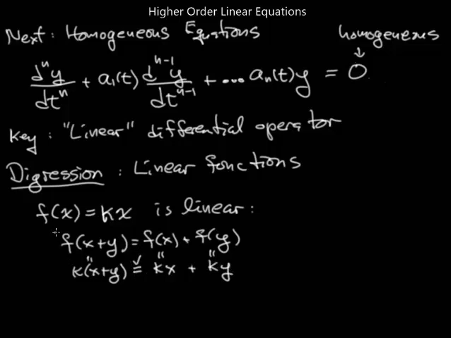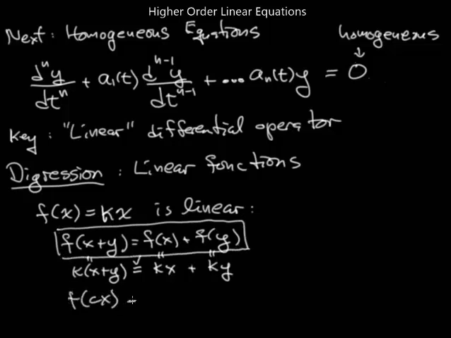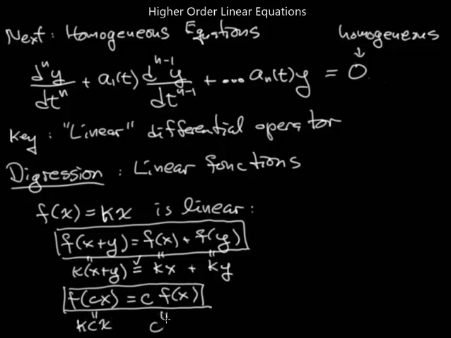That wouldn't be the case if you had x squared, say, but since it's just first order, it's true. And similarly, f(cx) = c f(x). You can pull constants out of linear functions, because the left-hand side is k times cx, and the right-hand side is c times kx. And those two things are indeed equal.